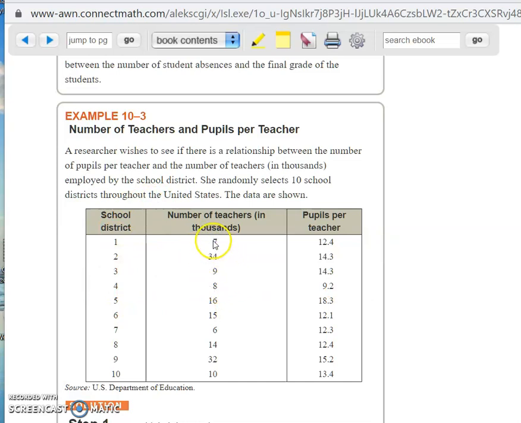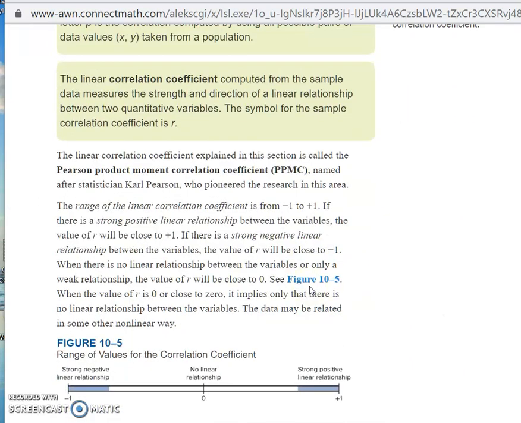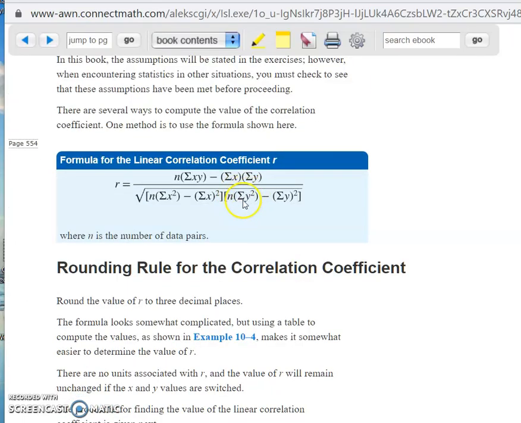Here's the first X. You plug in 7, 12.4, 34, 14.3, 9, 14.3, etc. You'd plug all those in. The program would do the calculation, okay? But you can't exactly do it by hand, and certainly before we had computers, that's what people did.